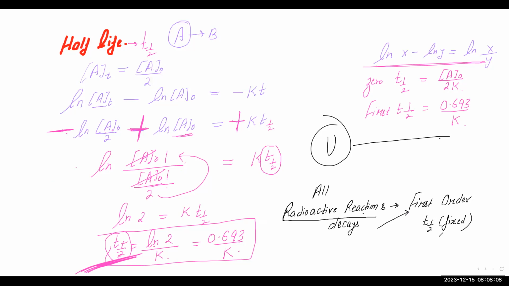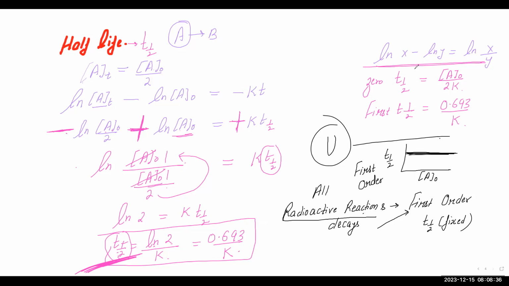Now, if I ask you to make a graph of concentration of A naught versus t half for first order kinetics, how will the graph go? First order, like this, isn't it? Yes, Anil, good.